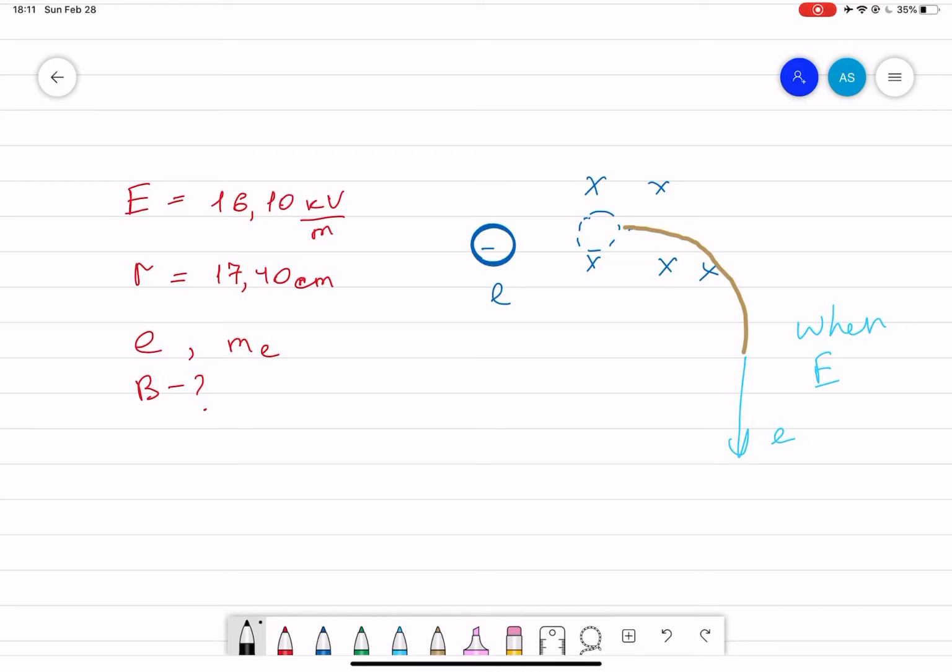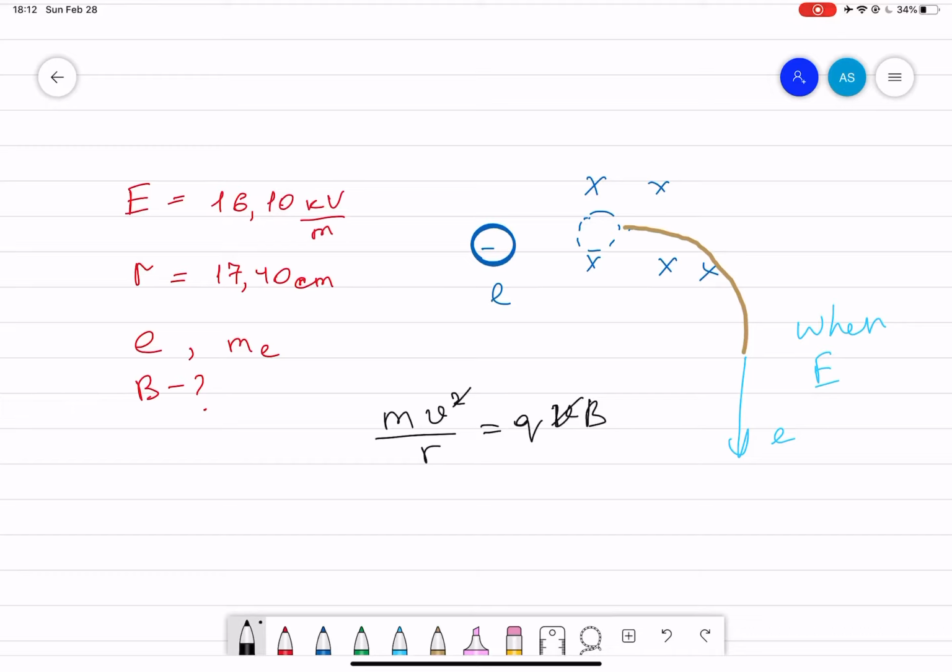First of all, as I said, the electron is moving perpendicular to the magnetic field when it enters, which means it's moving along a circular path. If that's the case, then we know that mv squared over r is equal to qvB.